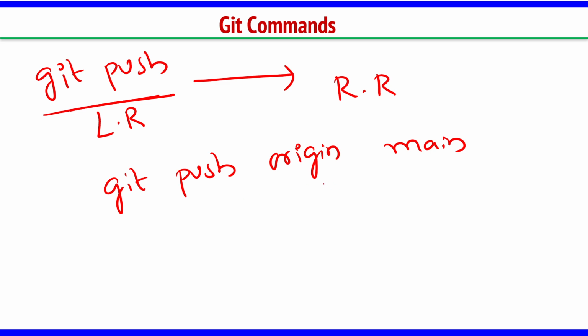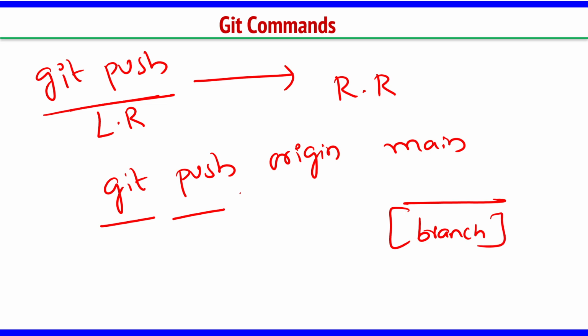So what is this option? Git push origin main. Let me tell you. Main is the branch name. It is the branch of the remote repository to which you want to push the code. Origin is just an alias, like a naming. You can give anything here.